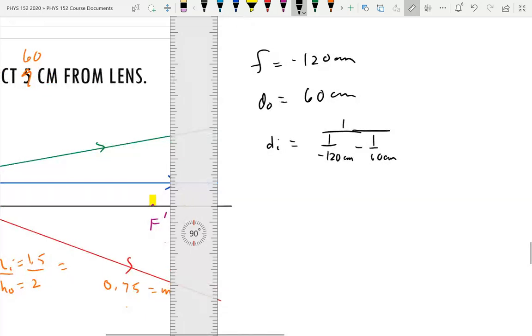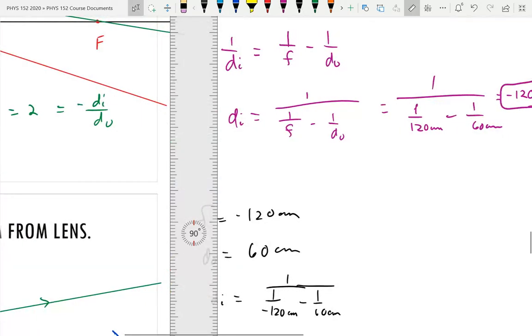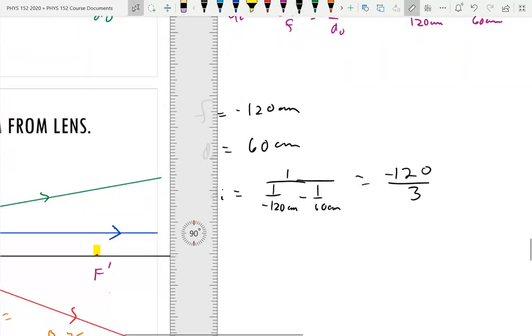That's the same as I had right there, except for changing the value for the focal length. But negative 1 over 120 minus 2 over 120 is minus 3 over 120. Invert that and it's 120 over 3.